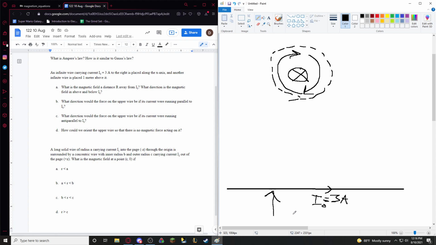Let's see, what's our right-hand rule again? For the magnetic field of a wire, point your thumb in the direction of the current, and wrap your fingers either clockwise or counterclockwise. So in this case, it would be clockwise.